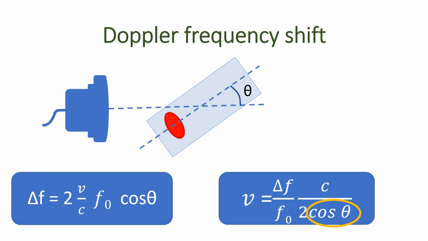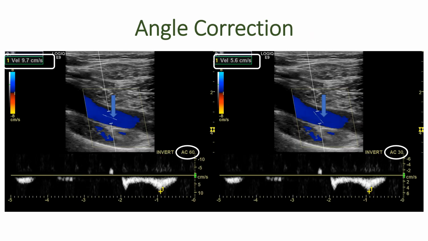The angle of the angle correction cursor is used for this calculation. This angle can be changed by a sonographer either during or after the test. These images demonstrate that a change in position of the angle correction cursor from 60 degrees to 30 degrees results in a significant decrease in measured velocity in exactly the same image.